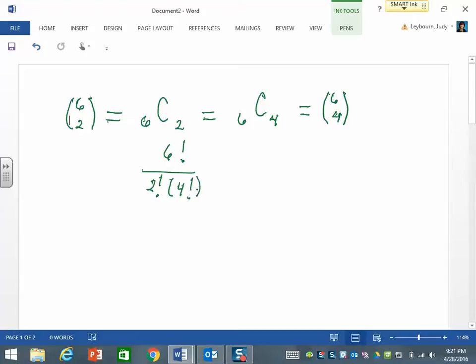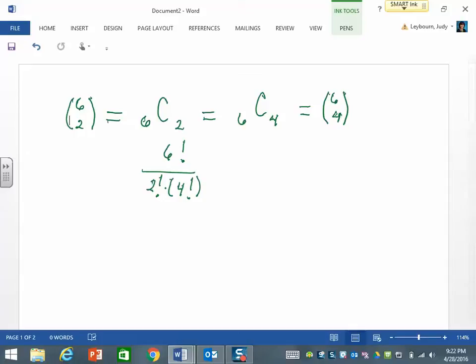And that would be the same as 6 choose 4. We'd have 6 factorial over 4 factorial, and also 6 minus 4 factorial, or 2 factorial. And so I have the same product and quotient as I would for 6 choose 2.